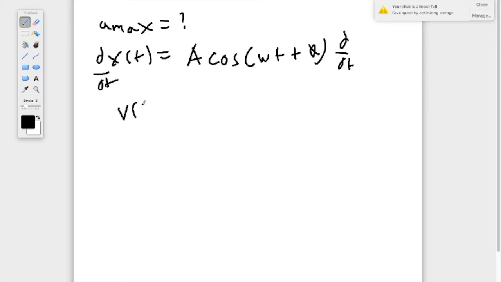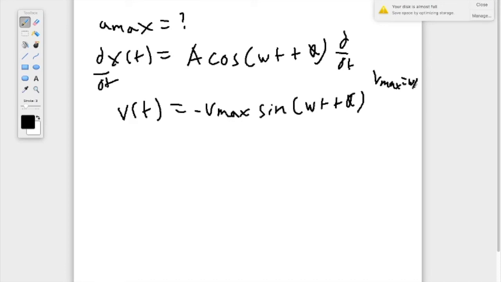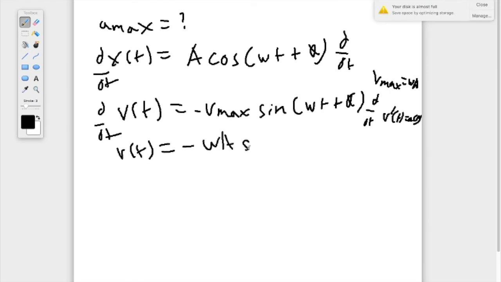So we get v of t equals negative v max times sine of omega t plus phi, and then v max is just w times a. So now we're going to take the derivative again because v prime of t is just acceleration of t. So I'll actually rewrite this as negative w a sine of omega t plus phi.